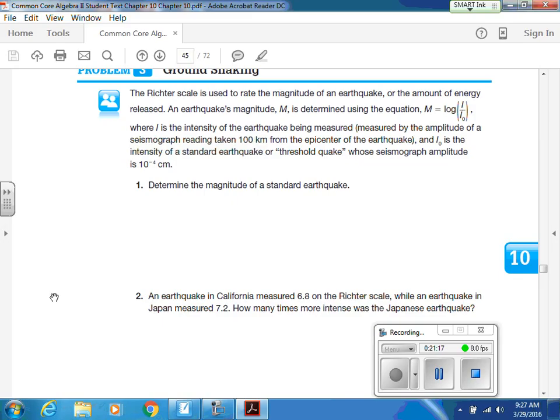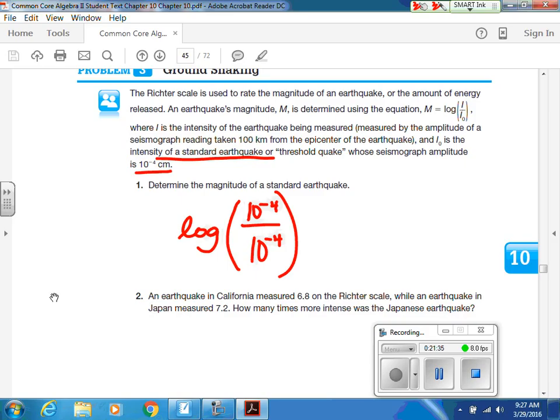So determine the magnitude of a standard earthquake. The intensity of a standard earthquake is 10 to the negative 4. So I would be 10 to the negative 4, and on the bottom you always put 10 to the negative 4. What's anything over itself? 1. So we're looking at the log of 1.